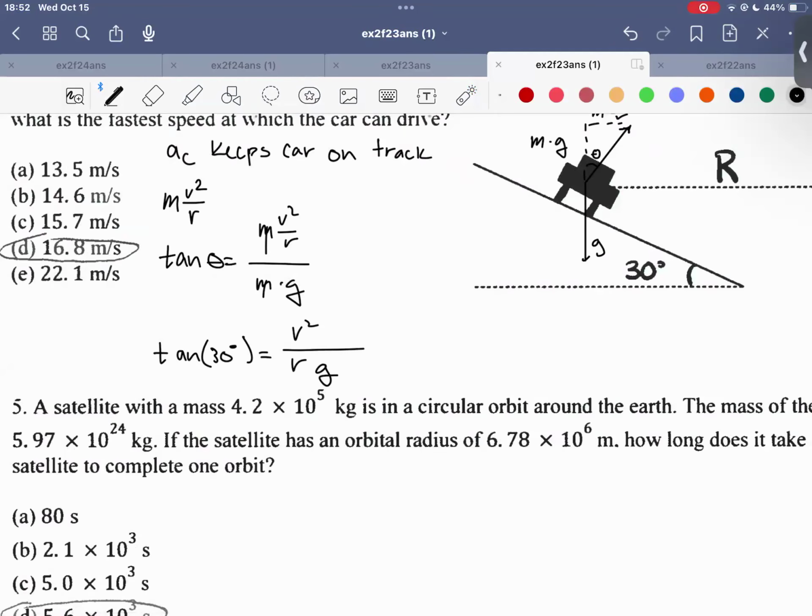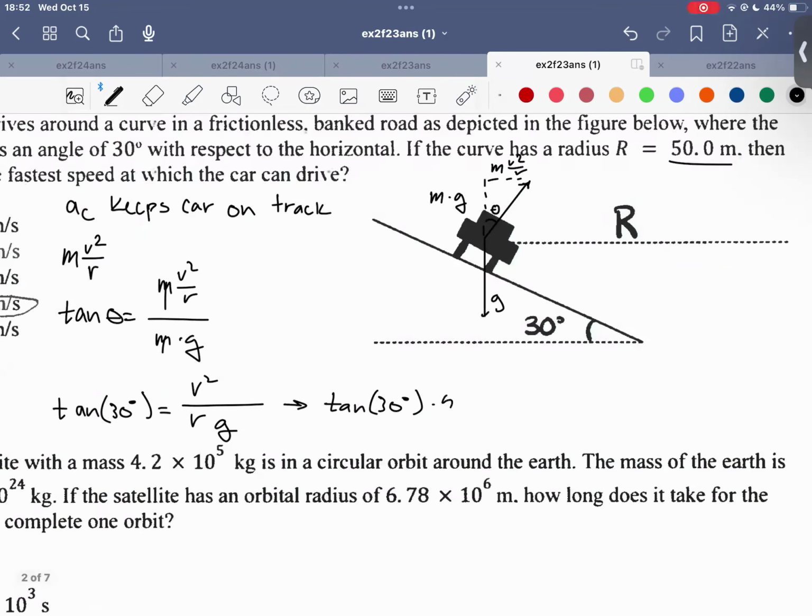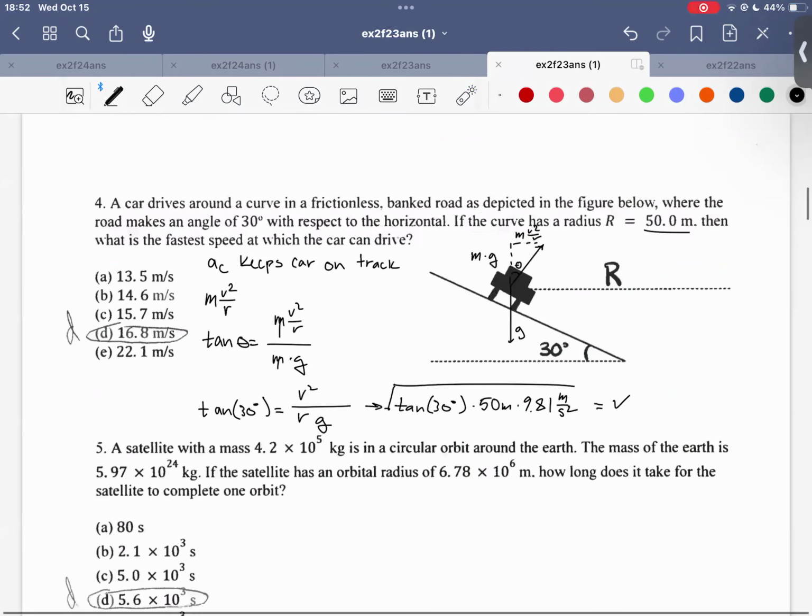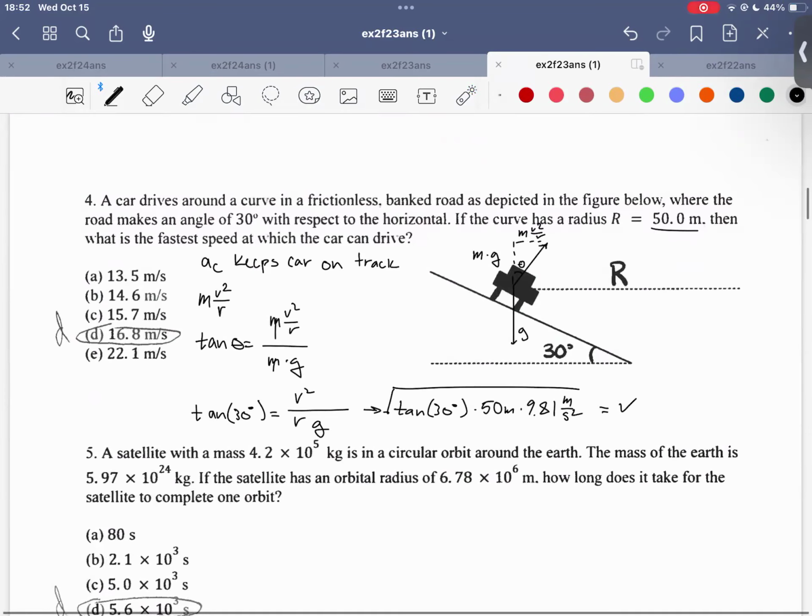So to be a little bit more clear, we can say tan 30 degrees times 50 meters times 9.81 meters per second squared, all of this under the square root equals velocity. So that's 4.